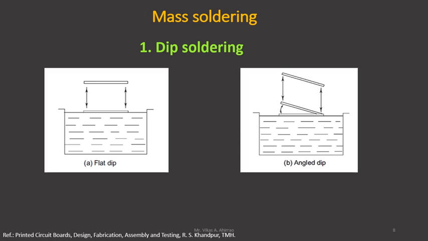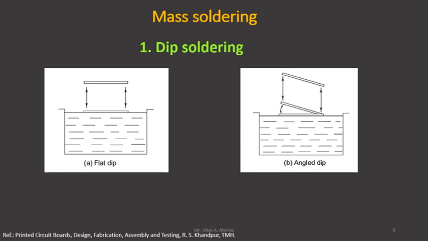The PCB is moved at a certain inclination up to the molten solder, and that movement continues till the lower bottom part of the PCB slightly touches the molten solder's surface. Then it is made parallel to the surface and the soldering process takes place.